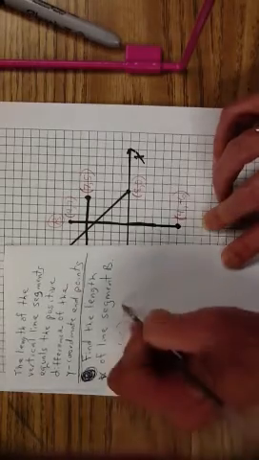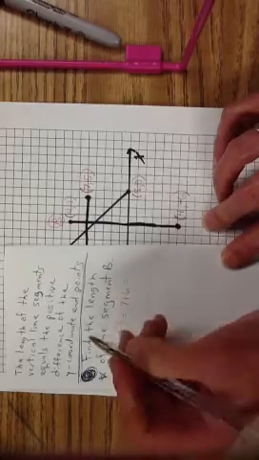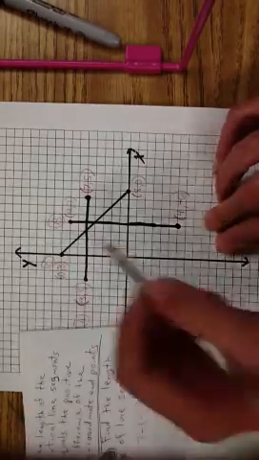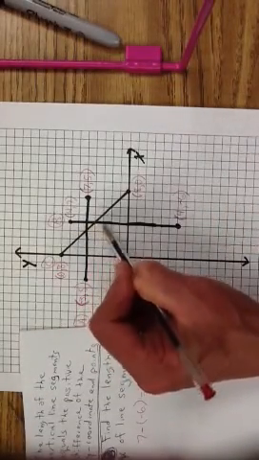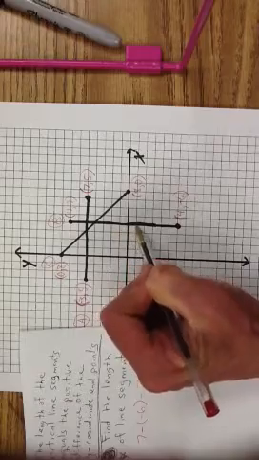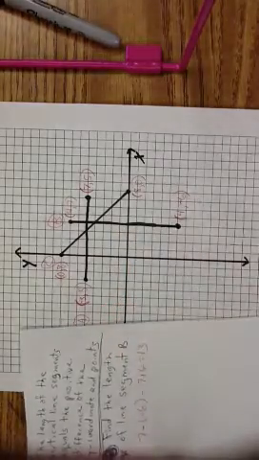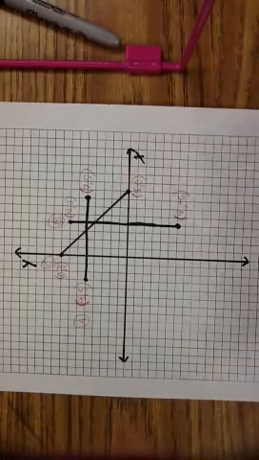Take away the negative, so that equals 7 plus 6. So that equals 13. Well, let's count it out and see if it really did work out that way. Starting here, 1, 2, 3, 4, 5, 6, 7, 8, 9, 10, 11, 12, 13. Okay, it did work out, so the formula is a good formula to use.